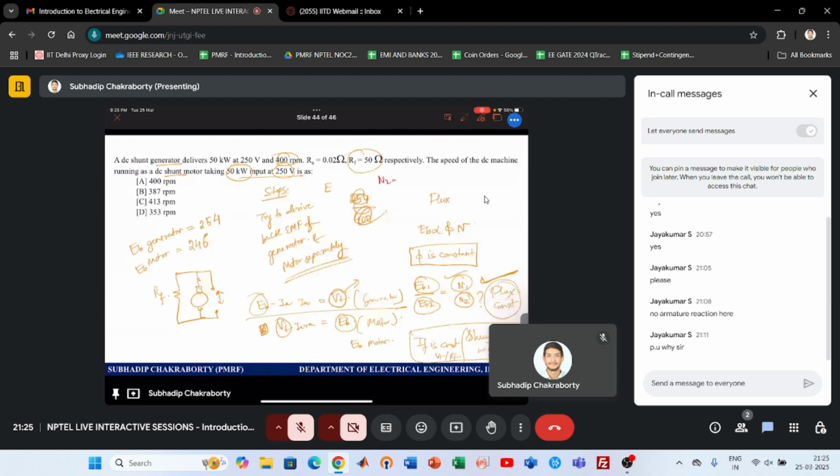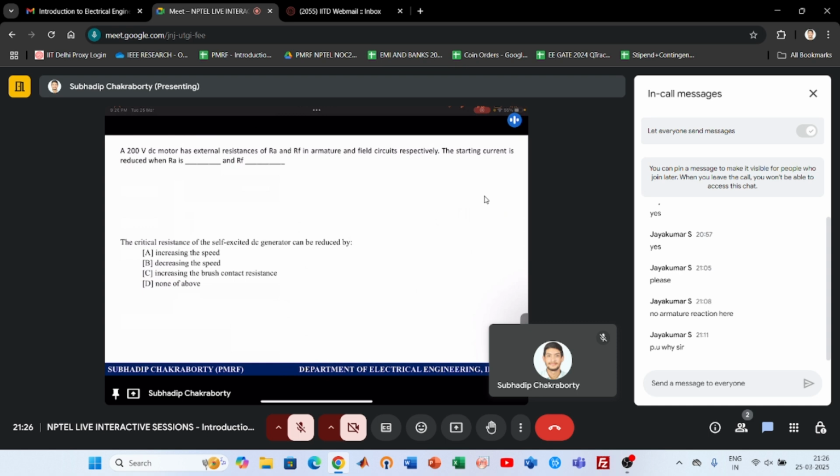So N2 is what? N1 into EB2 of the motor divided by EB1. So it is 246 into 400 by 254. Solve 2 more problems, I think.